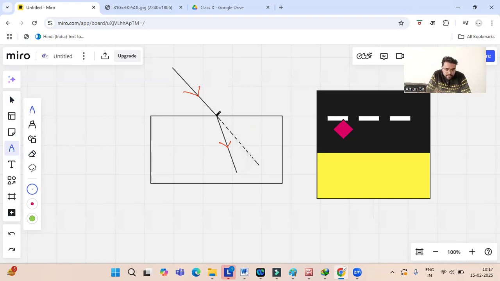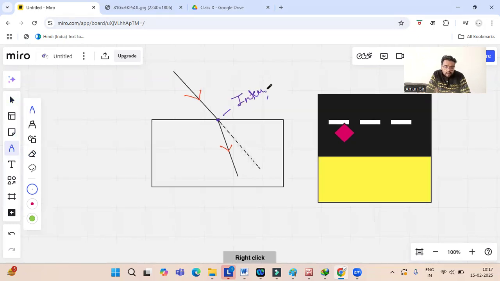But from this particular point, which can be considered the interface between two media, one medium is air and the other medium is glass. Once light is entering from air to glass, we can see the bending in the path of the light. Light is deviating from its actual path. So this is what refraction is.